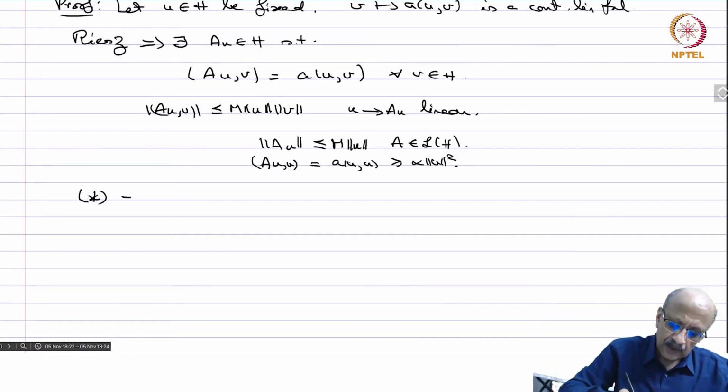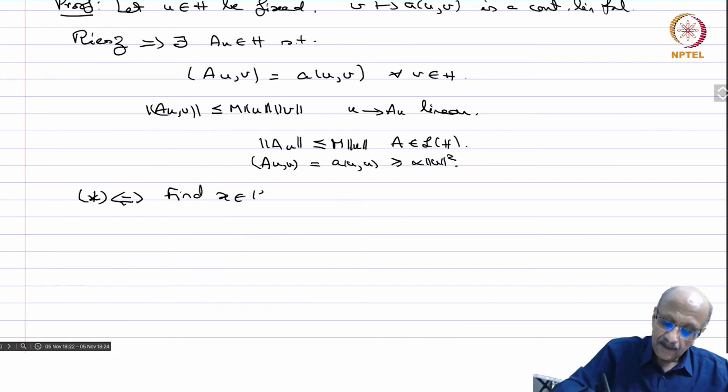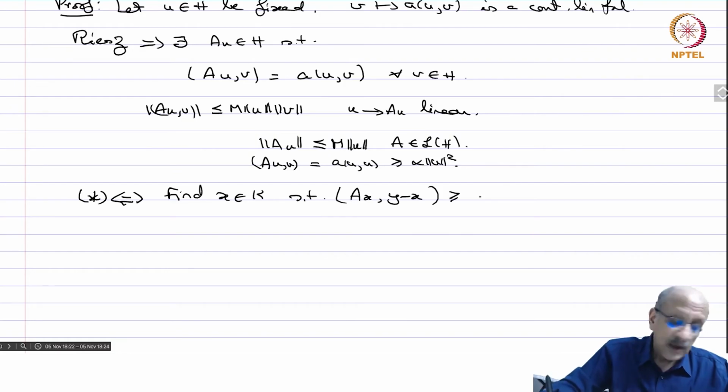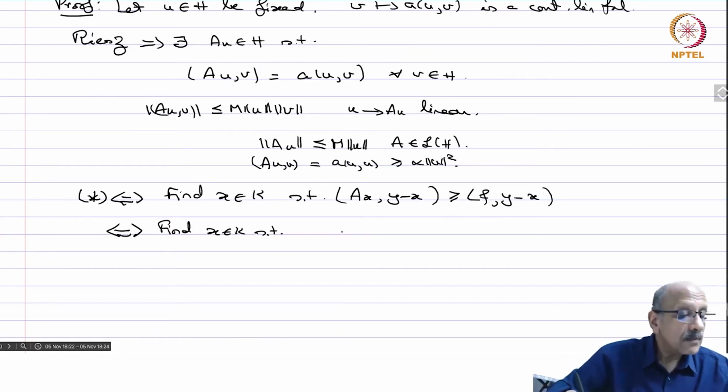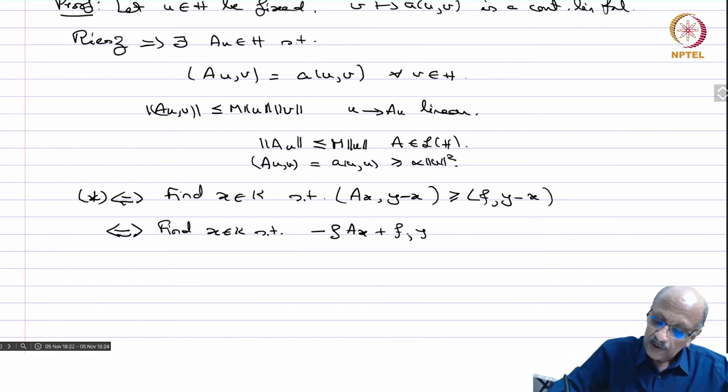So star is the same as saying find x in K such that (Ax, y minus x) is greater or equal to (f, y minus x), which is equivalent to saying find x in K such that (minus rho Ax plus rho f, y minus x) is less than or equal to 0 for all y in K.